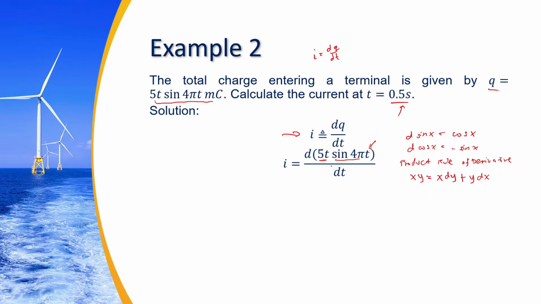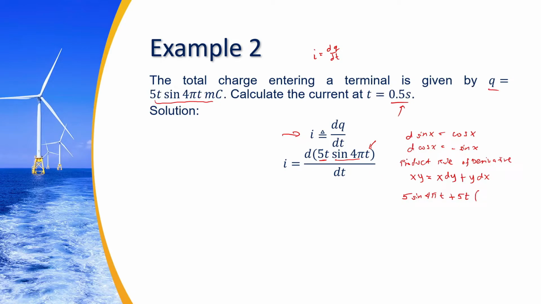Therefore, kapag derivative natin itong 5t, fix muna natin yung sine 4 pi t. Mangyayari is 5 na lang matitira, tapos fix natin yung sine 4 pi t. Plus, fix naman natin itong 5t, saka mo i-derivative yung sine 4 pi t.